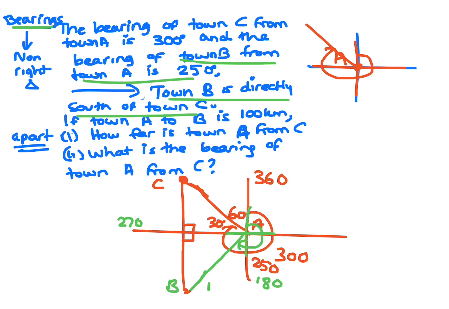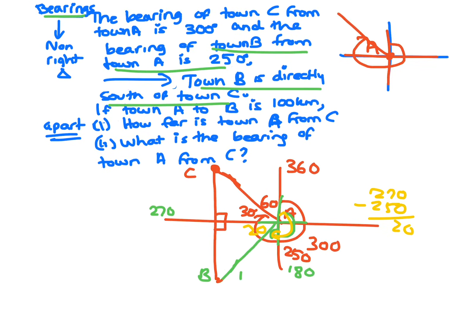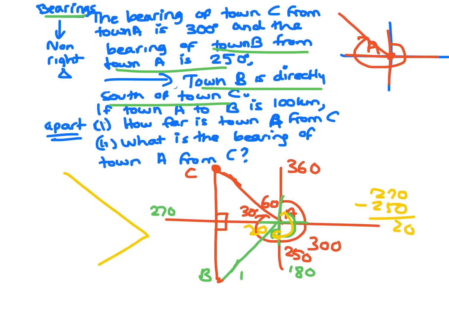If that's 250 and that's 270, 270 minus 250 is 20, so that would be 20 in there. So we're looking at this triangle here. 20 and 30 is 50, and this is A, C, and B.